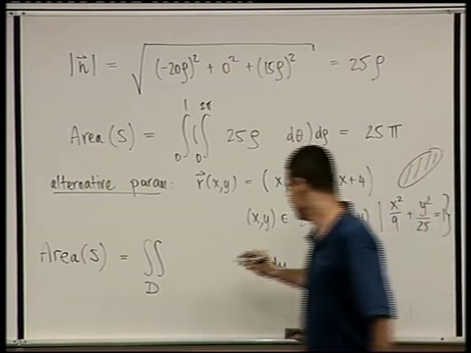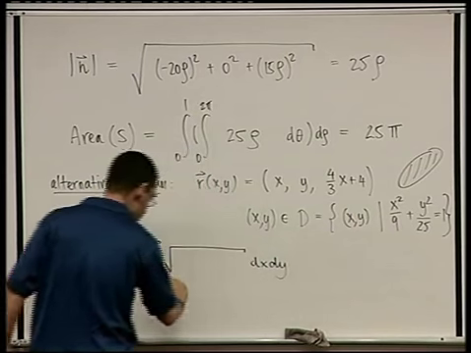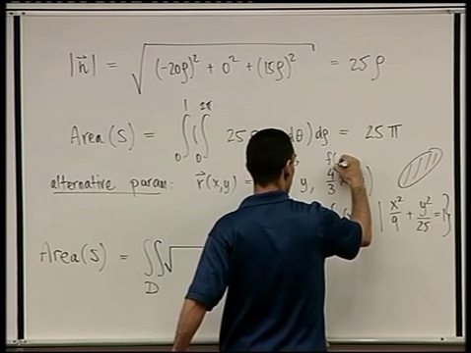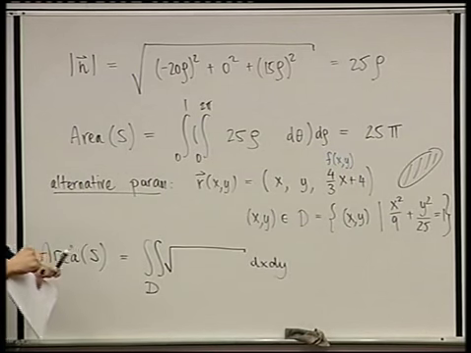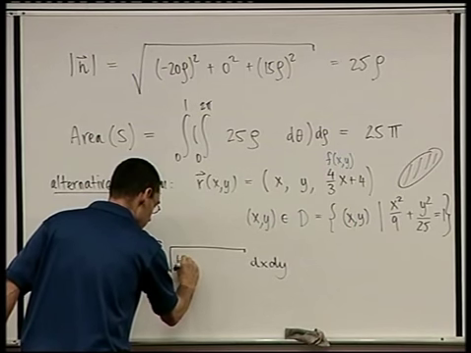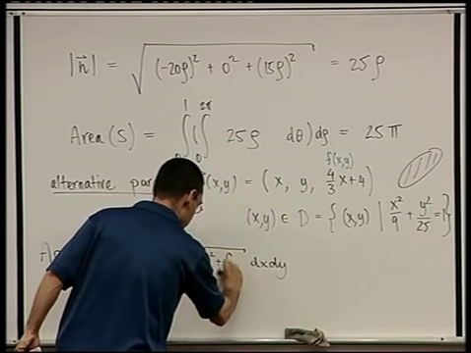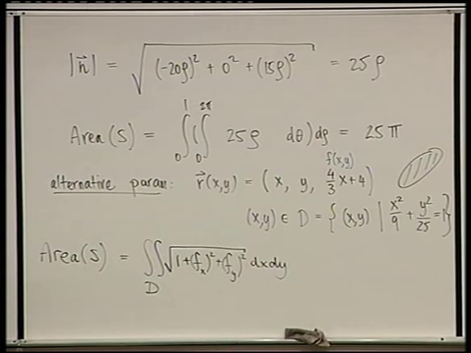Do you remember? Let me write it here. It's going to be the root of, let's call this temporarily f of x, y, this 4/3 x plus 4, 1 plus f sub x squared plus f sub y squared. Remember this? We did it several times.